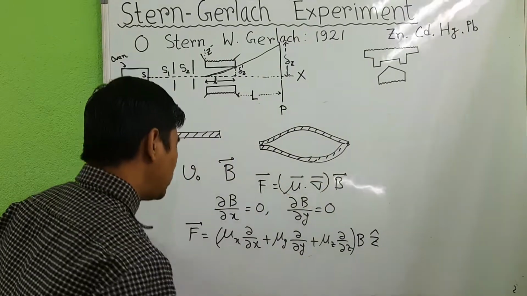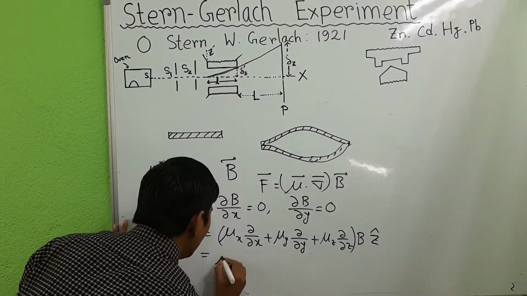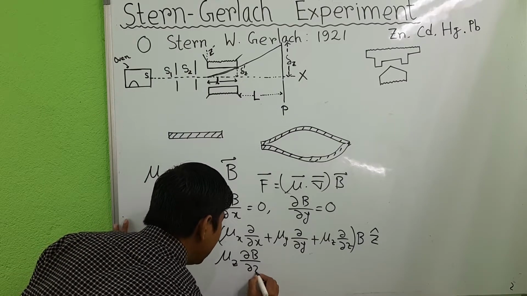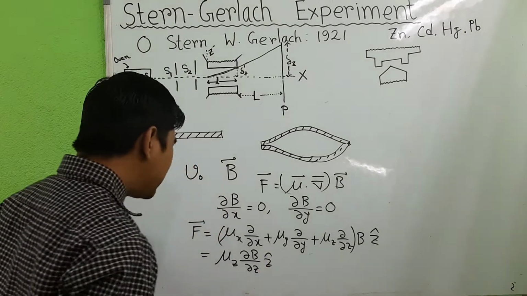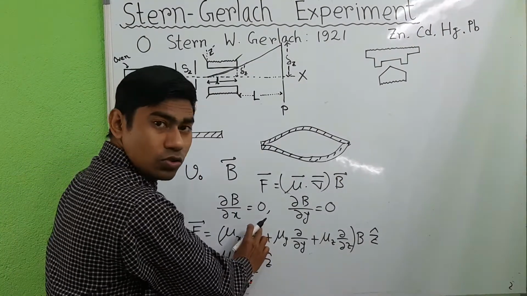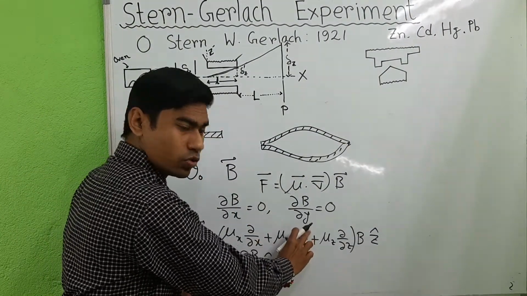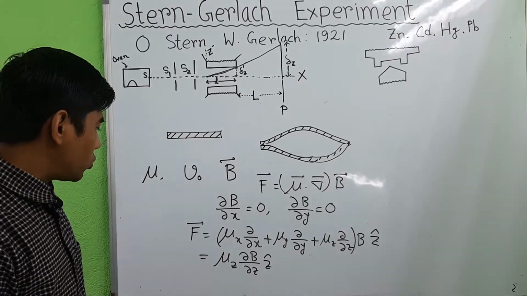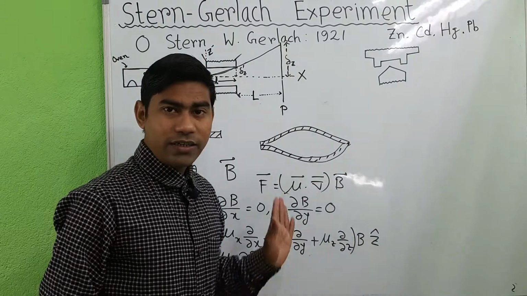This is simply mu z into del B del z into z cap, since del B del x equals 0 and del B del y equals 0. So we can write F equals this. This is the force acting on the silver atom.